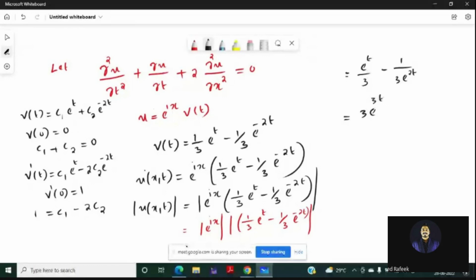Of course, it is always less because you are subtracting, and moreover it is 1 by 3 into e raised to t. So, of course, it is less than e raised to t only.